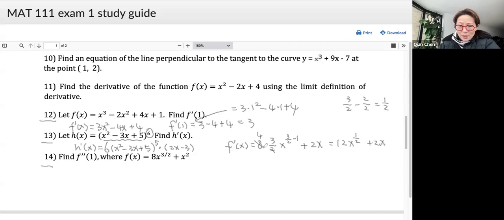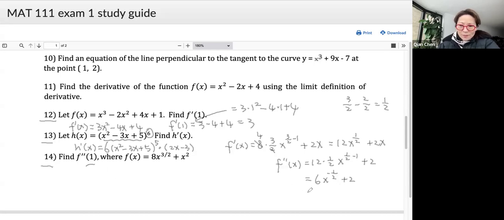plus 2x. Now we find the second derivative, which means we take the derivative of the first derivative: 12 times half, x raised to half minus 1, plus 2. Then 12 times half, which is 6, x raised to half minus 1, half minus 2 over 2, negative half, plus 2.